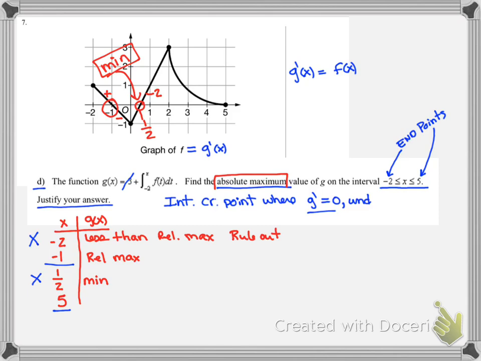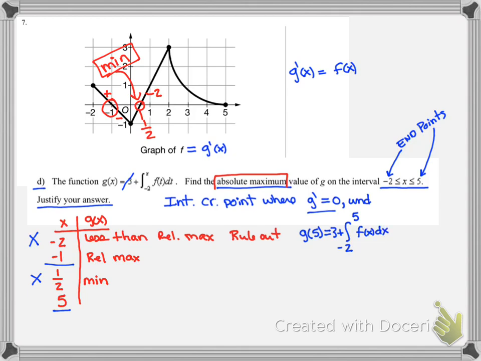So let's take a look and see what the value of g of 5 would equal. We know that our integral will be 3 plus the integral from -2, in this case, we're going all the way to 5, of f of x dx.